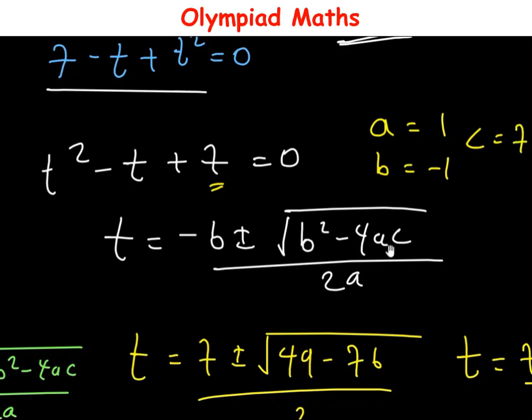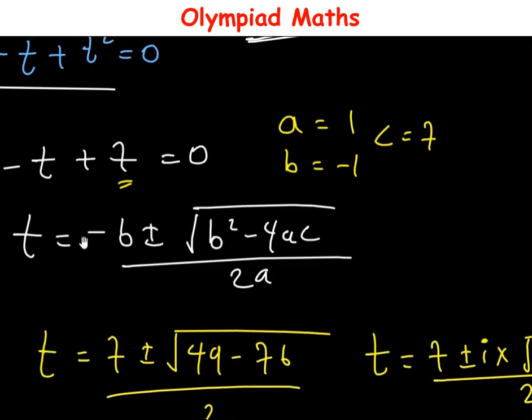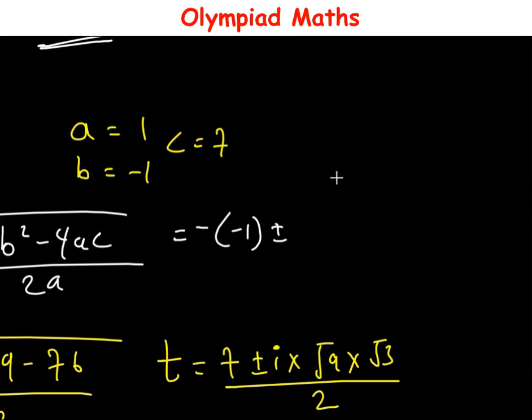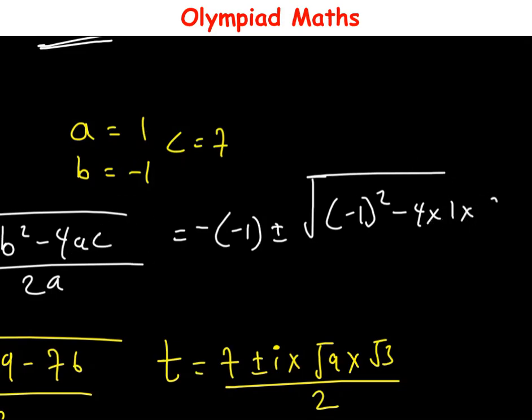So inputting these values of a, b, c into the formula, what we then have is t is equal to minus b, which is minus 1, so in bracket minus 1, plus or minus square root of b squared, b is minus 1, so minus 1 all squared, minus 4 times a, which is 1, times c, which is 7, then all over 2 times a, which is 1.